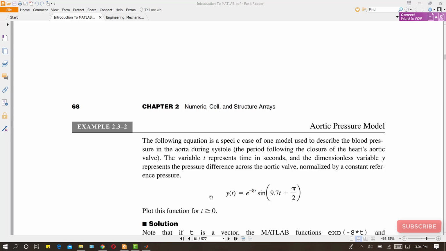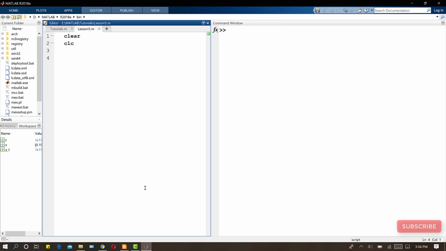We will find the y of t values for a range of values of t, and we will plot y of t versus t using the plot function. Now let's see how to do it in MATLAB. I will generate a row vector for time.